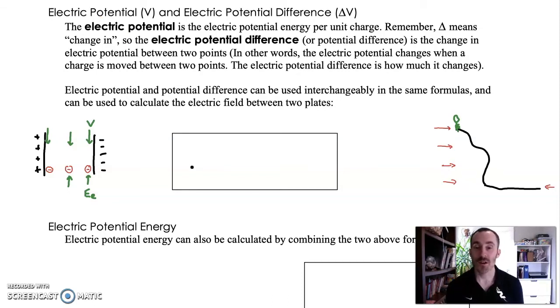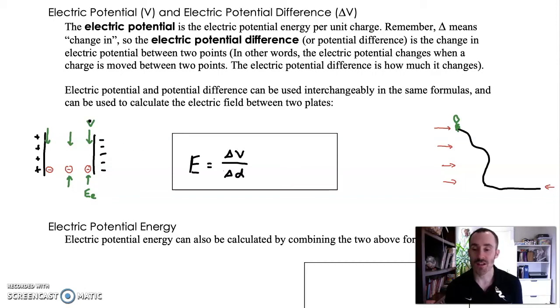can talk about electric fields in terms of potential, in terms of the location. So electric field strength depends on how quickly the potential changes, change in V or change in voltage, over a certain distance.